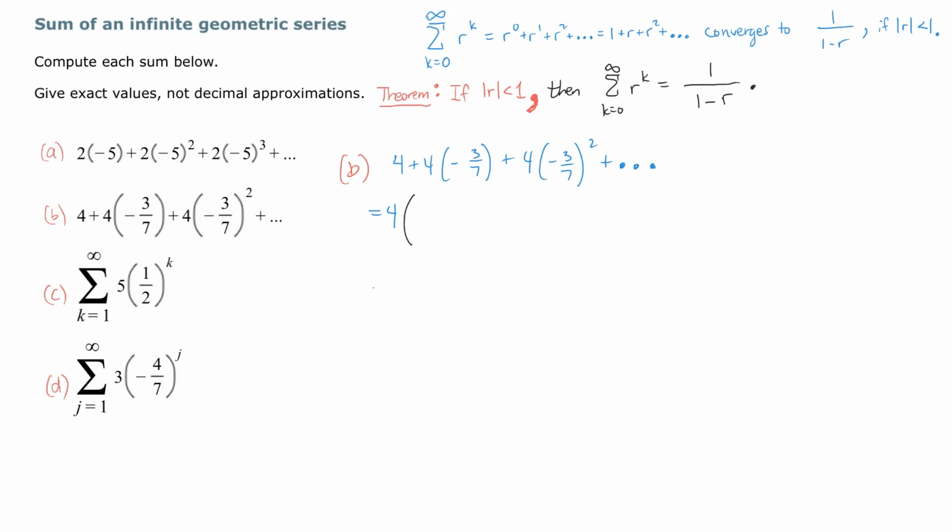We have a 1 plus a negative 3/7 plus a negative 3/7 squared, and we indeed have a geometric series here. This is now equal to 4 times the summation, k equals 0 to infinity, of the common ratio of negative 3/7 raised to the kth power.